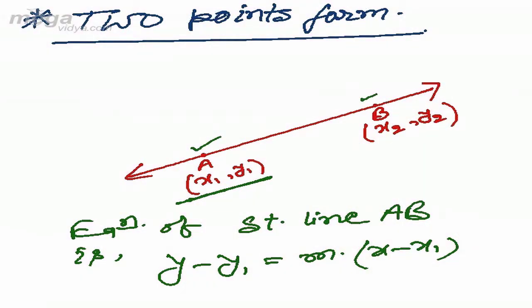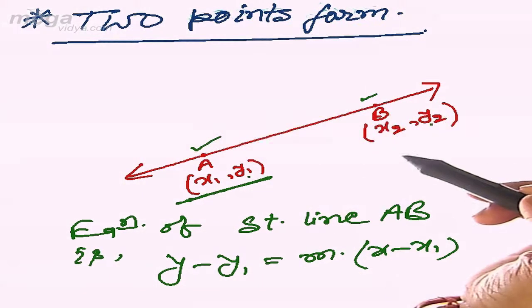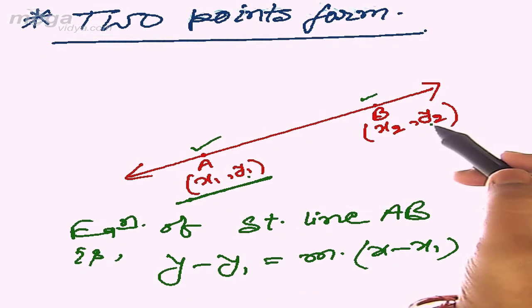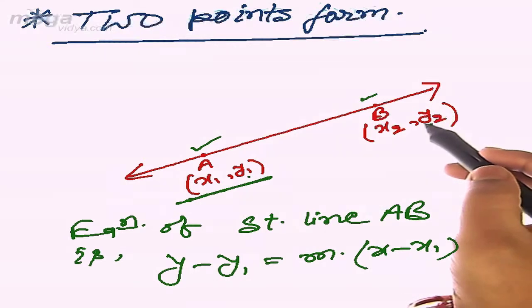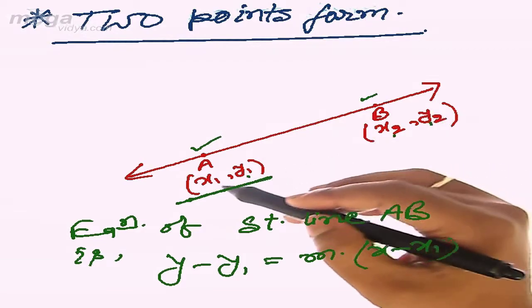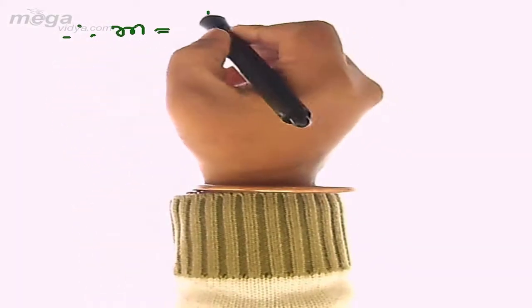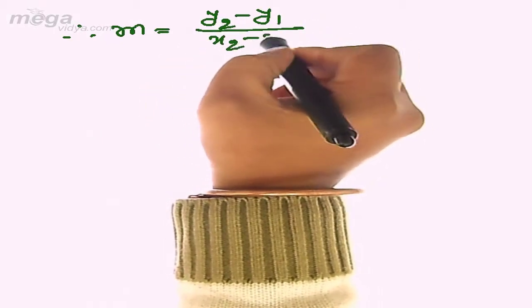Using two points, the slope of line AB, that is m, is y2 minus y1 upon x2 minus x1. We can write m is equal to y2 minus y1 upon x2 minus x1.